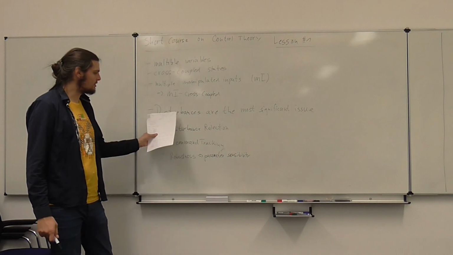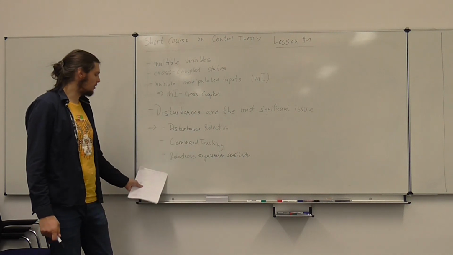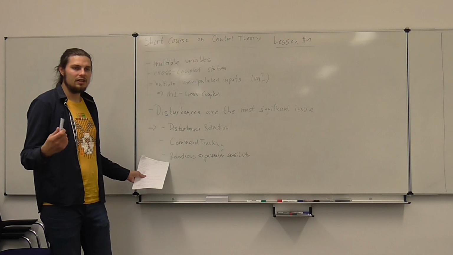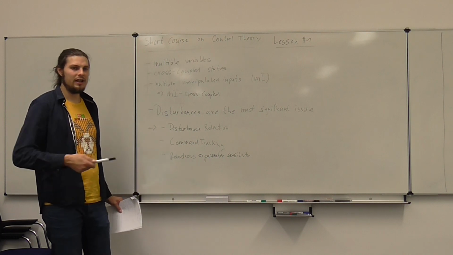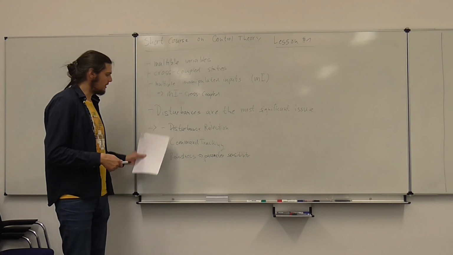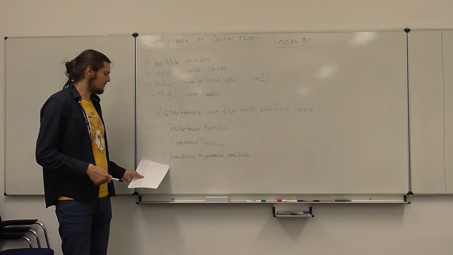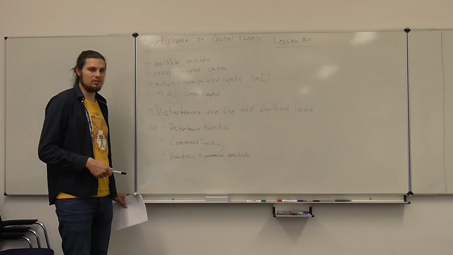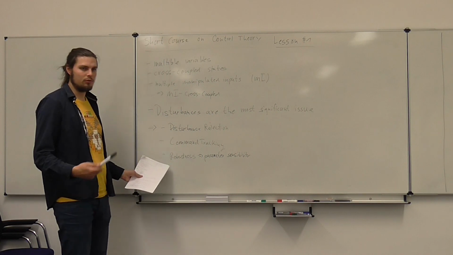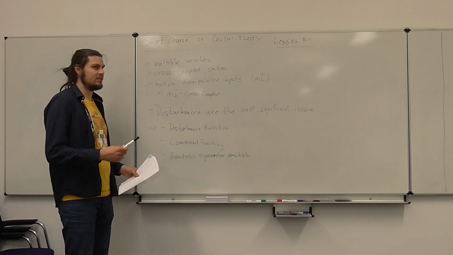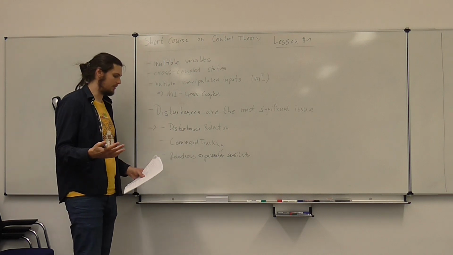When you talk about disturbance rejection and command tracking, you always have to have in mind that you never know your parameters exactly. You know them in a certain range. And is that still okay? So whenever we do these, always have in mind that we have parameter estimation accuracy only to a certain point. So when we talk about robustness, we always talk about how sensitive we are regarding parameter estimation.